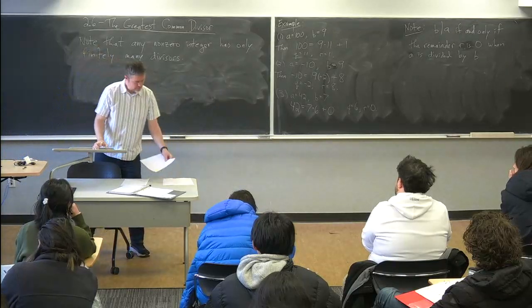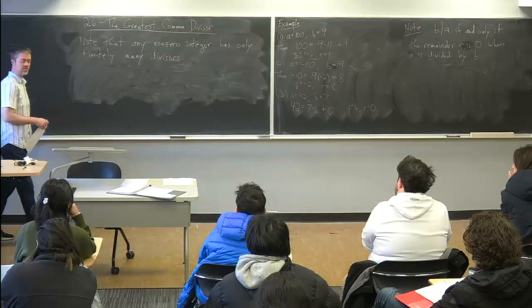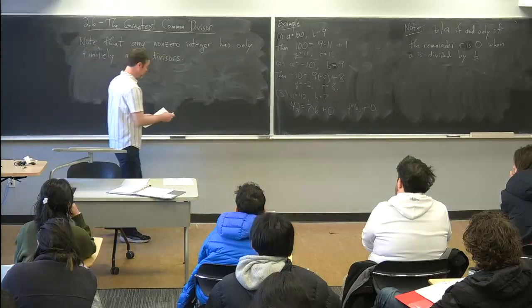But this is supposed to be a fact that doesn't bother you when you hear it. So what we're going to talk about, though, is if we have a pair of integers, what divisors do they have in common?